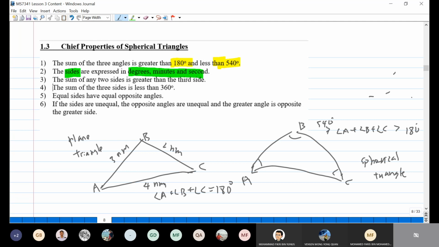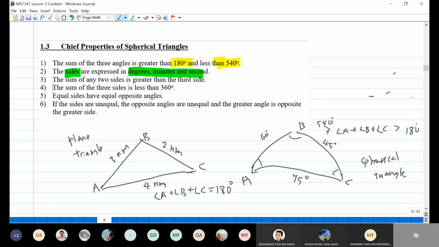So you can use nautical miles to measure the distance between A, B, and C, but for a spherical triangle, you can also use degrees. Let's say, for example, this is 60 degrees, this is 45 degrees, this is 75 degrees.